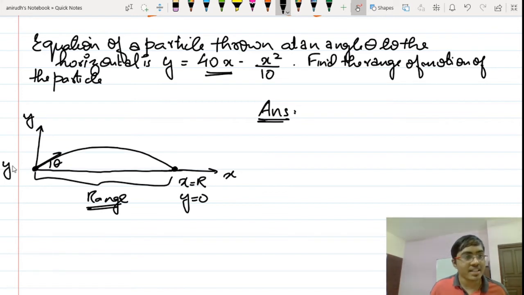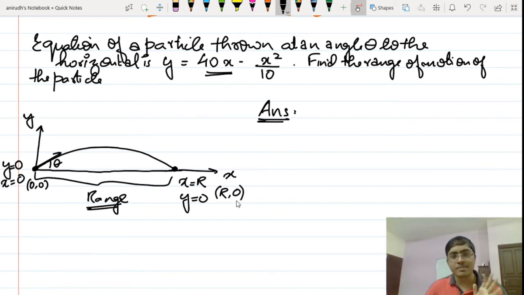Here the y coordinate is equal to 0 and the x coordinate is also equal to 0 because this is the origin, 0, 0. But at this point, the x coordinate is equal to R and the y coordinate is equal to 0. Only this much information is necessary from your side to solve this question. Now, at both these points, the y coordinate is equal to 0, and this y coordinate is given by this equation. I will simply equate it to 0. So y is equal to 0.